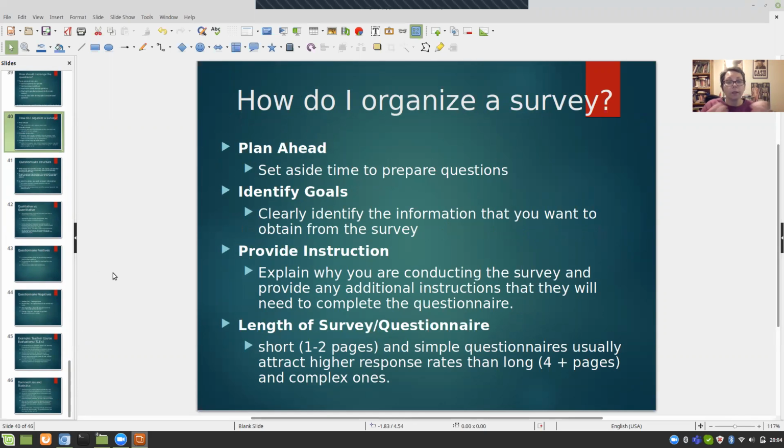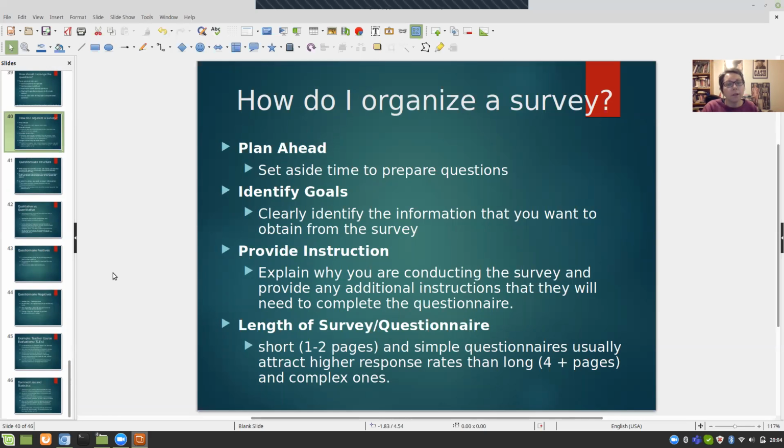If you're giving someone a questionnaire, they're going to want to know, why should I do this, right? What's the point? And provide some additional instructions. Sometimes it may not be obvious to them what they need to complete the questionnaire. Thinking about student housing and finances and cost of living, you might need people to answer questions about their monthly expenses and their budgets, and so they might need to actually have some information handy in order to answer the questions you want to ask.